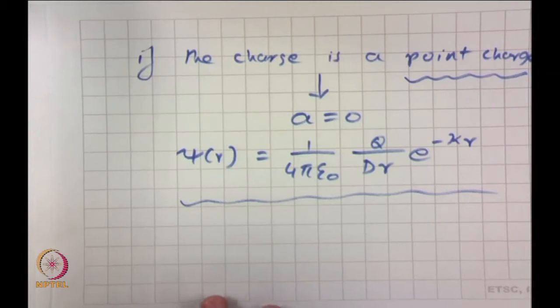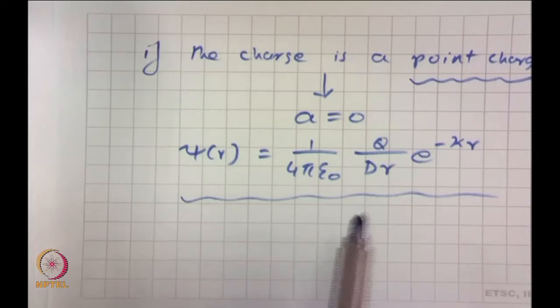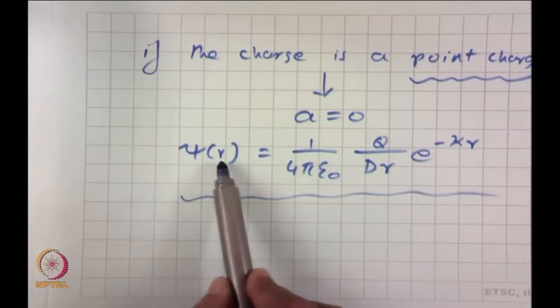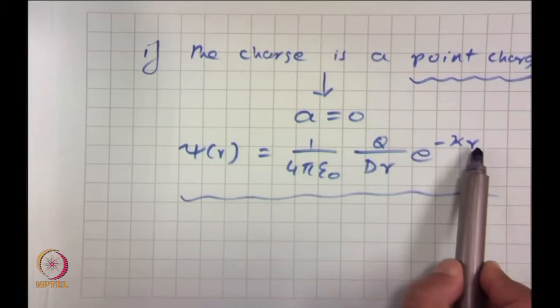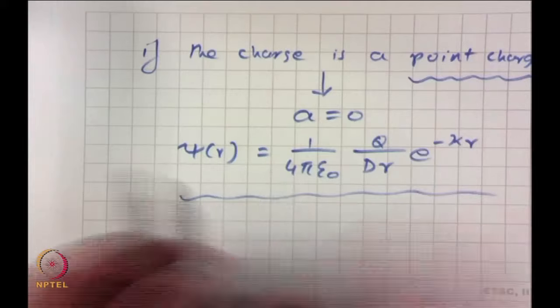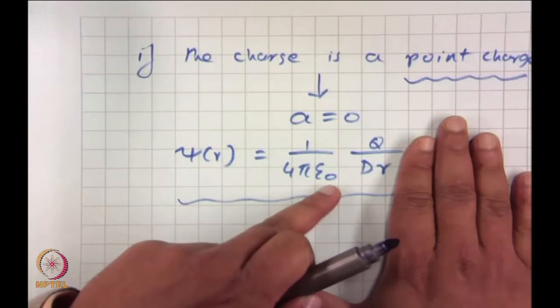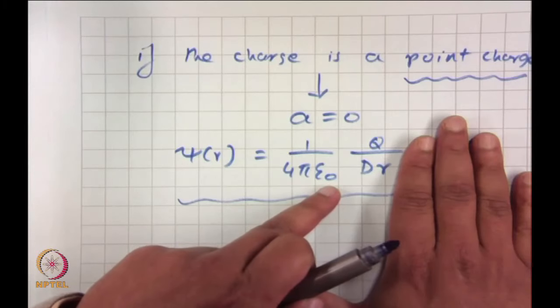But you see the concept in this case is still captured. Why? Because this psi of r still has a dependence upon kappa, and if you do not consider e to the power minus kappa r, what is this? This is essentially like a Coulombic potential, isn't it?